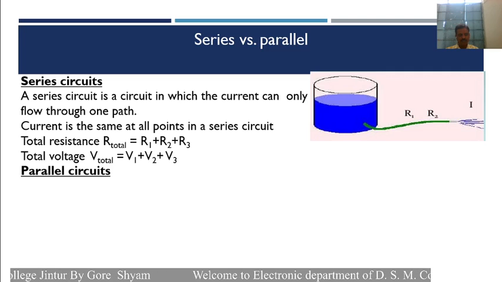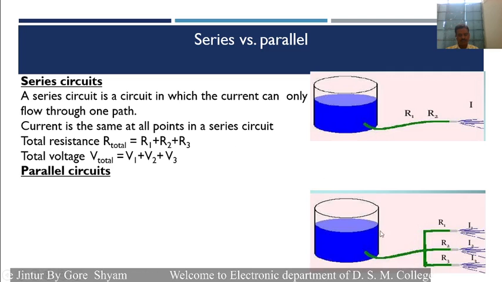Now let us see the parallel circuit, and the parallel circuit is like this. It has a number of branches. This is the first branch, this is the second branch, this is the third branch. In this circuit there are three branches, and such a circuit is known as the parallel circuit.